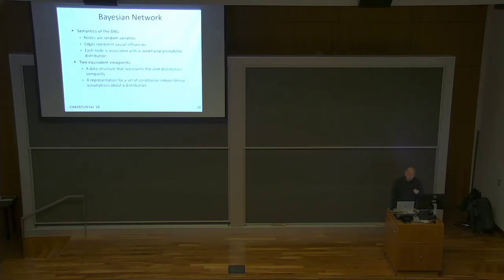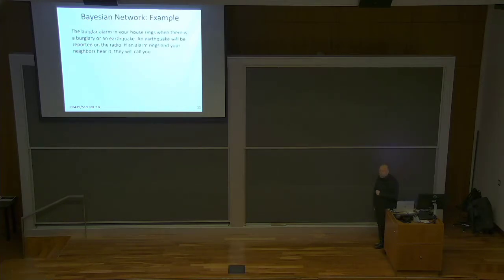A variable with all its parents is called the conditional probability table, CPTs, and that's what we care about. So you can think about a Bayes net as a way to represent a set of conditional independence assumptions on the variables, or you can think about it as a data structure that together represents a joint probability distribution. And the important thing is that it's a compact representation of the probability distribution.